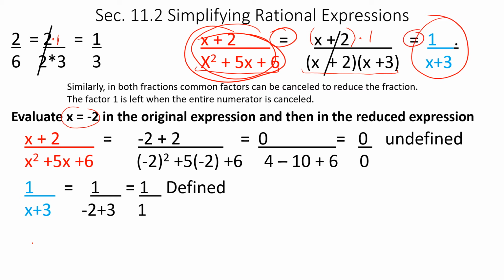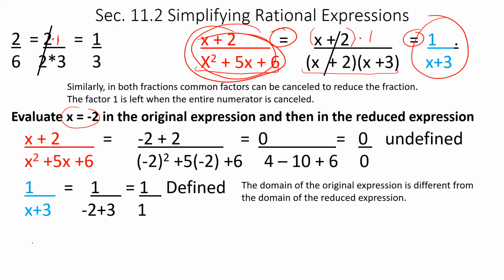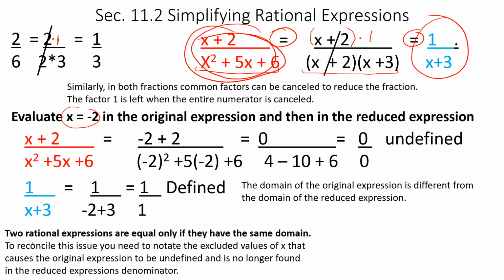How come we're getting two different types of answers when we plug in -2? One is undefined and one is defined. All right? So the domain of the original expression is different from the domain of the reduced expression. And so they come up with this rule, and you need to know this, that two rational expressions are equal only if they have the same domain. So how can we say these two are equal when they have different domains?